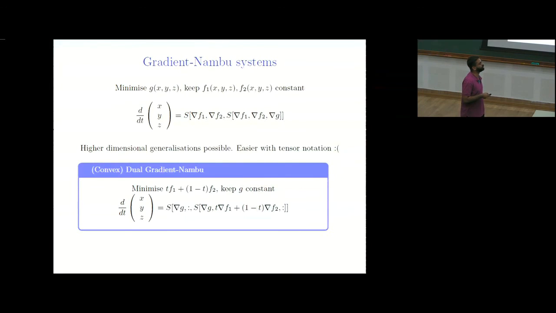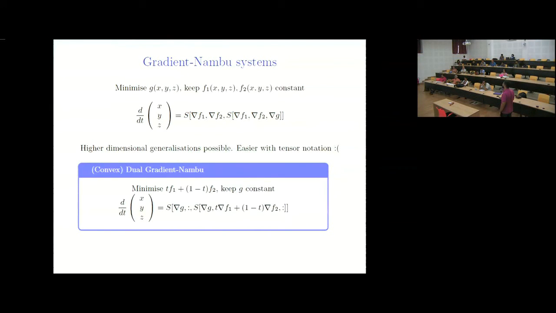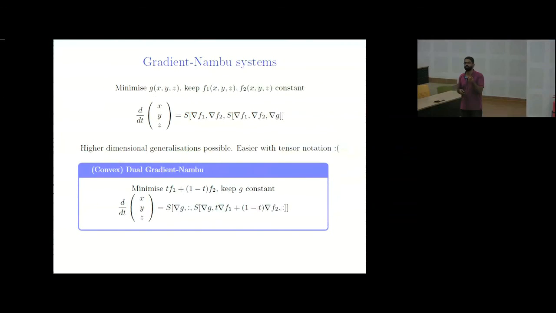A time step of this will minimize G, but may not keep F1 and F2 perfectly constant. So then you do a time step of this, where you choose T. It's like your trust region in optimization language, right? You choose T such that you force the minimization of the errors accumulated by going off the surface defined by F1 and F2. You just iterate back and forth, and that seems to converge quite nicely.